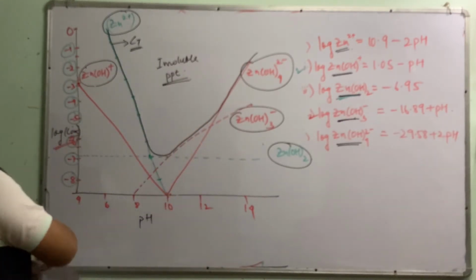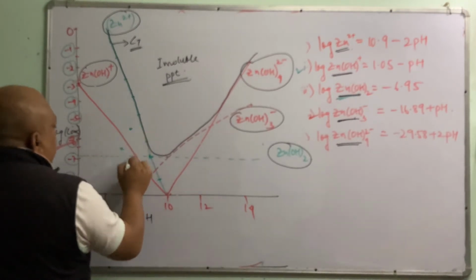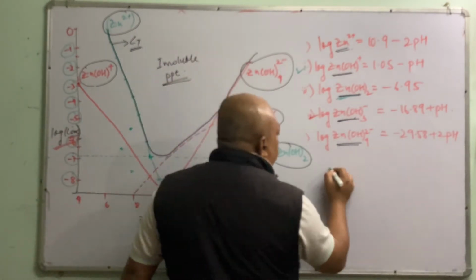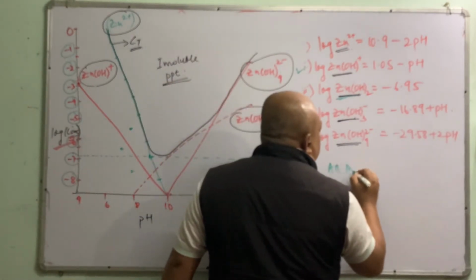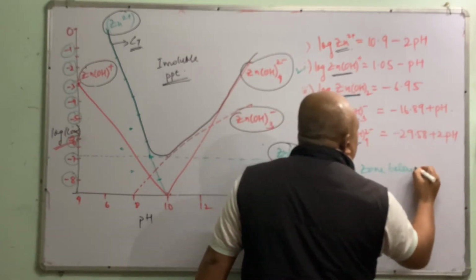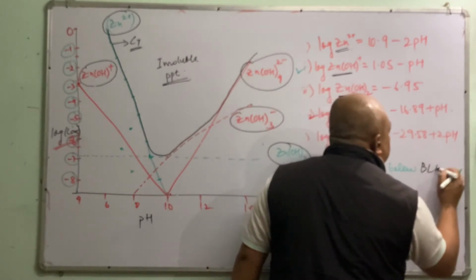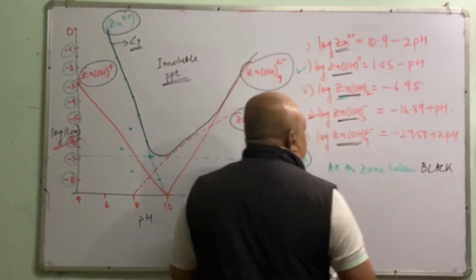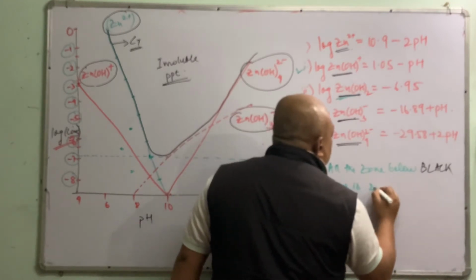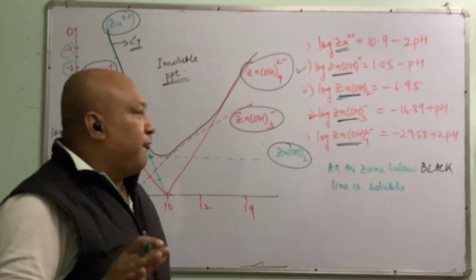Okay, so all the zinc species below the black line are soluble. That means the species are in soluble form.